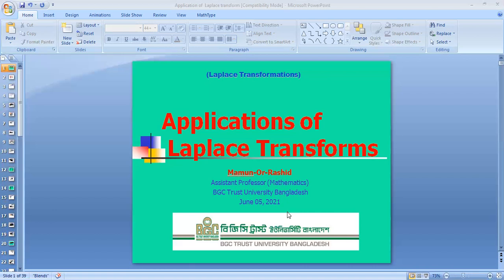Then in the fourth lecture, we solved 7 ordinary differential equations. So how to solve ordinary differential equations by using Laplace transformation, we solved in the fourth lecture.